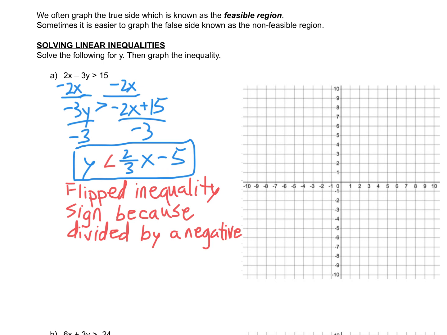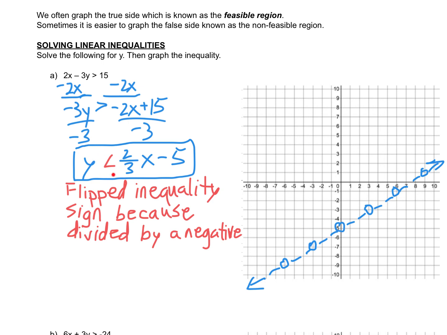Take a moment and try to do that. Take a look at the first page if you need help remembering: is it a solid or dashed line? Am I going to shade above or below the line? See if you can figure that out. Otherwise, that's going to look like this. We start by graphing the equation y equals 2/3 x minus 5. So again, y-intercept at negative 5, up 2, right 3, up 2, right 3, because it's a positive slope, meaning I go up and to the right.